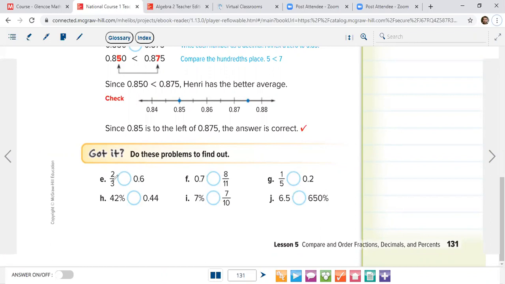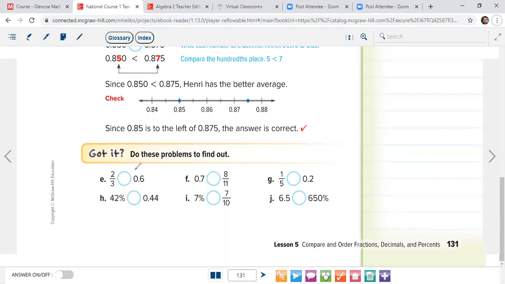Means for this problem, I have a fraction and a decimal. Both must be fractions or both must be decimals. Like problem H, for example, I have here a percent and a decimal. Both will be percent or both will be decimal, and so on. They must be the same form so we can compare.